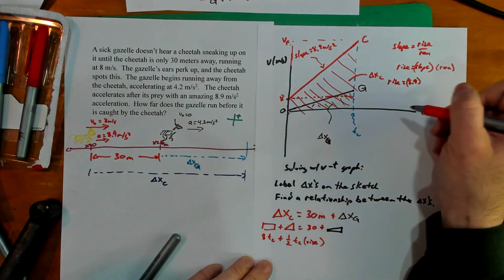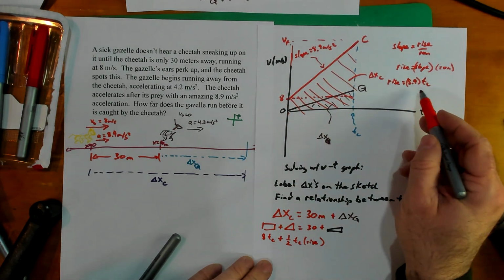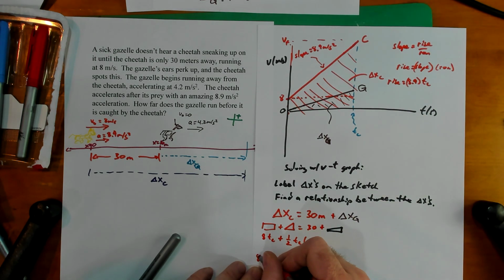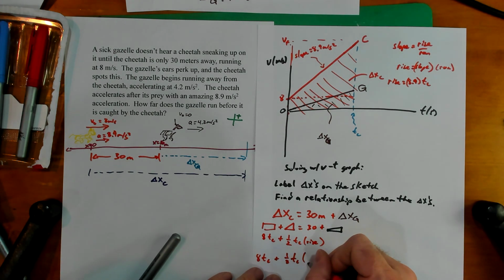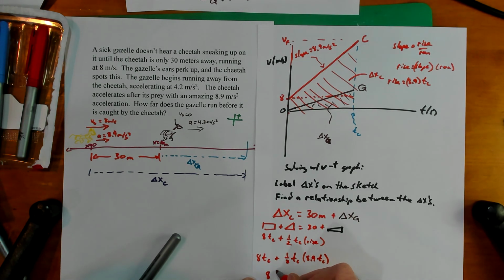And the run, oh, that's just TC. So I can put 8.9 TC in where it says rise here. So I'm subbing in 8.9 TC. So that's going to be 8 TC plus half of 8.9 times TC squared.